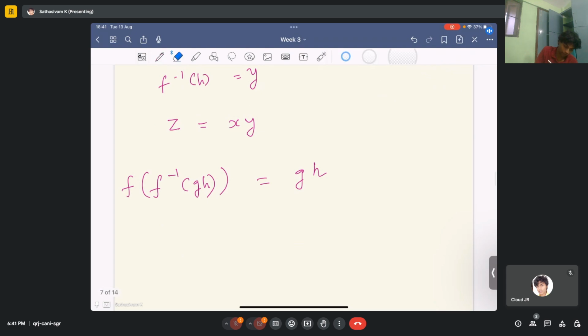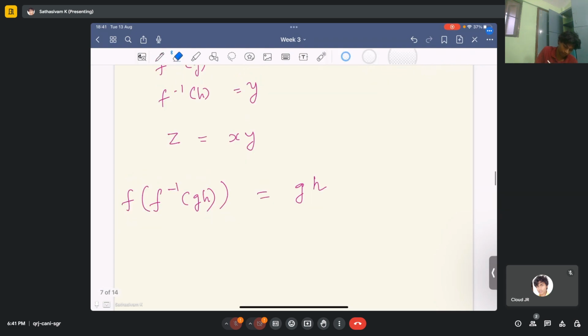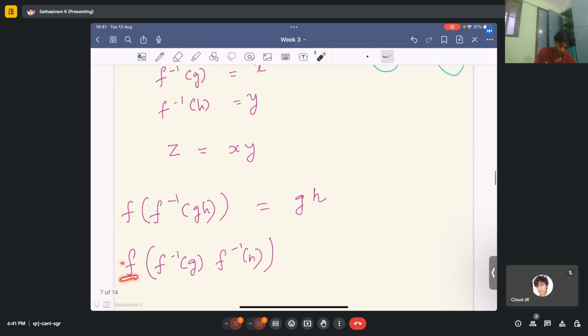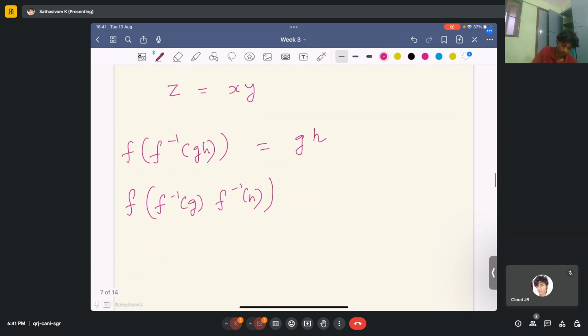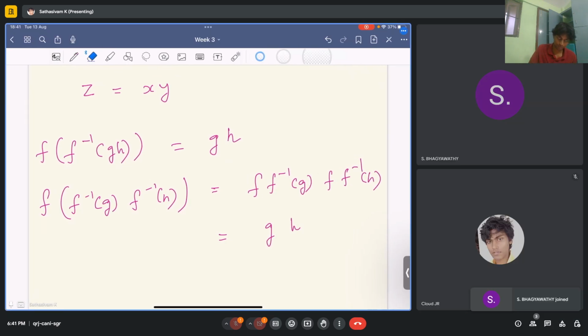Now you take the other element, F inverse of G times F inverse of H, and apply F to it. Since F is a homomorphism, it splits. This is F of F inverse of G and F of F inverse of H, and this will be GH again.